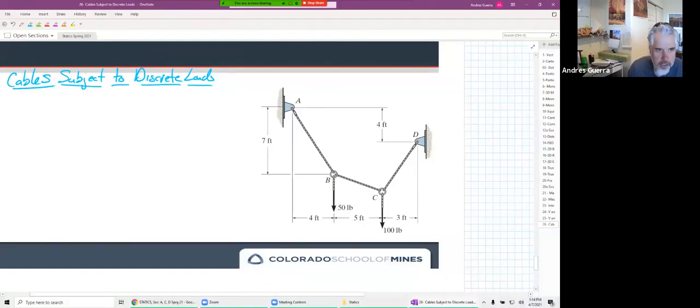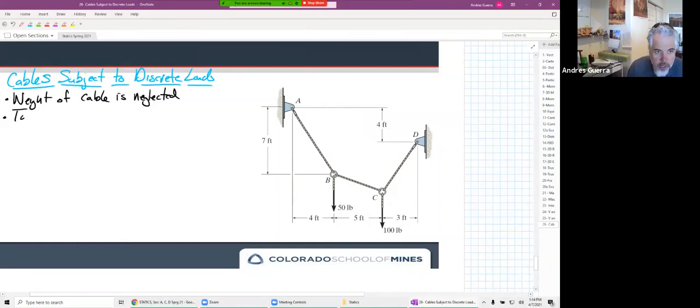So cable subject to discrete loads. One of the things is the weight of the cable is neglected. It's a fair assumption because the weight of the cables is typically really small compared to the loads that are applied to it.